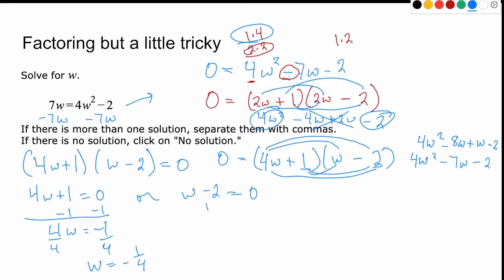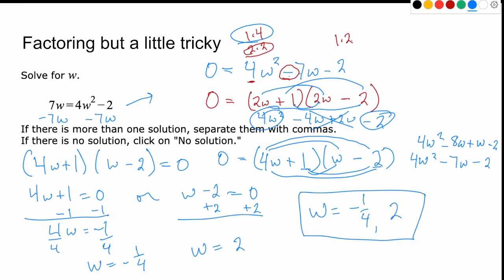On the other side, we add 2 to both sides, and we get the answer w equals positive 2. So two answers. Notice that you always end up with the opposite of what the factoring was. And again, we'd want to write this as w equals negative 1/4, comma 2. So there's using factoring, still with the tricky part.